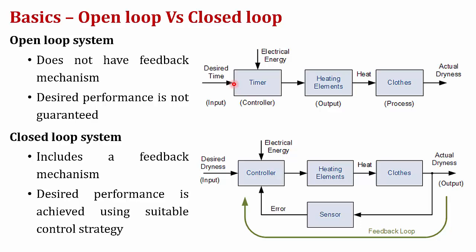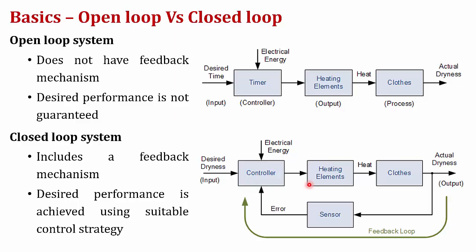Now, let's have a look at the closed loop system. Here you can see, as I mentioned earlier, if there is any disturbance, it is sensed. The actual output we are not getting is sensed with the help of a sensor, and a signal conditioning unit will change the signal and give it to the error detector, which will check it against the input value, and the error signal will be generated and the manipulated value will be given.